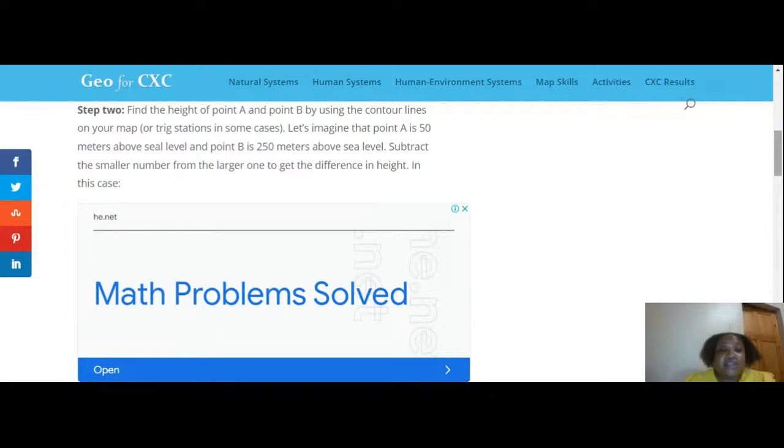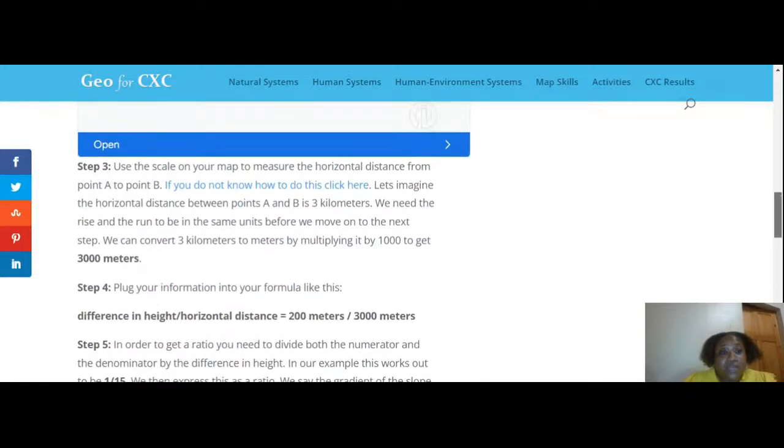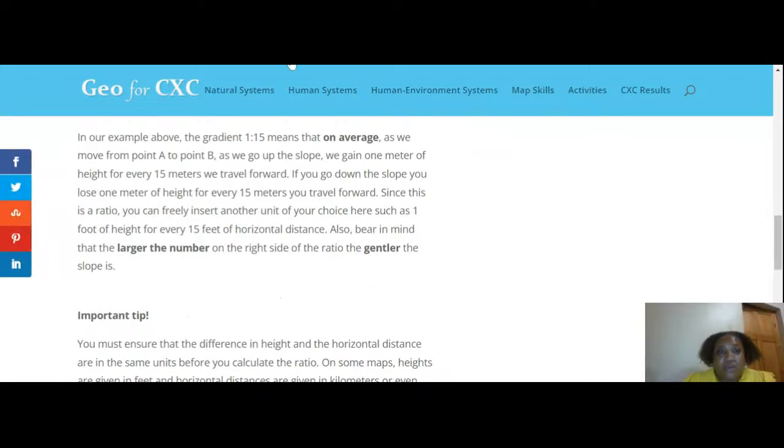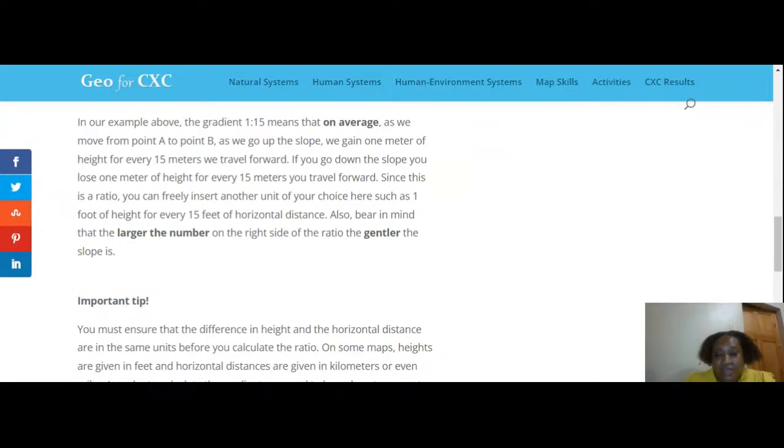Then you have to find the distance between A and B, and that is how you measure distance. If it's a straight line, they can tell you it's a straight line.